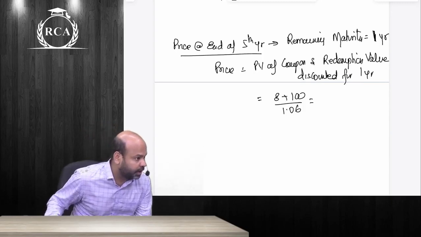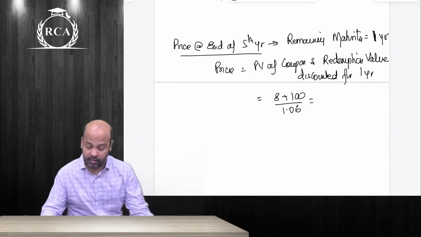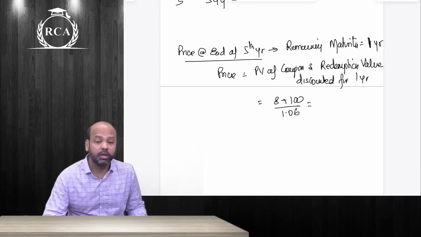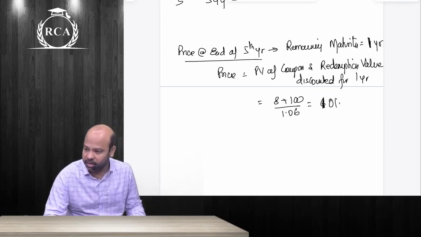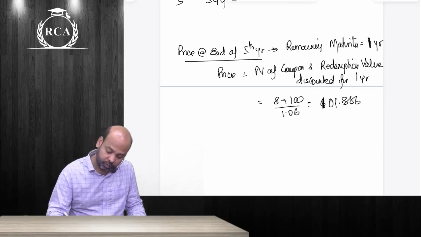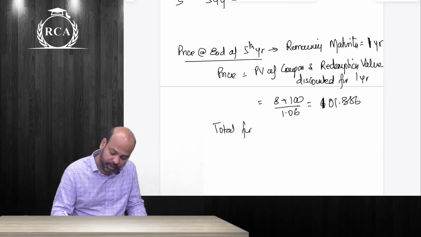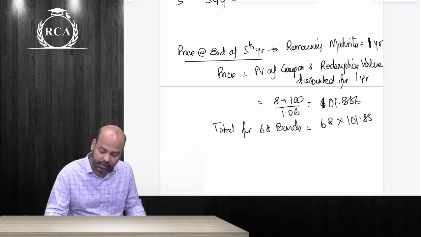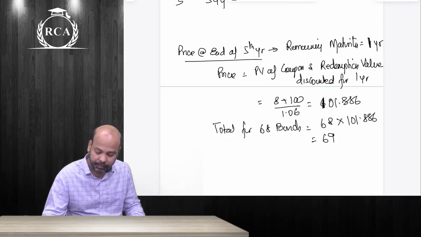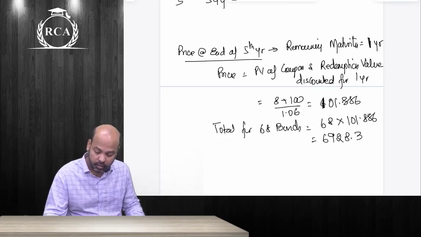You understood why I am discounting this? What is the price of each bond, beta? 101.886, guys. So total for 68 bonds, how much will you get? 68 multiplied by 101.886, beta, is 6,928.30.